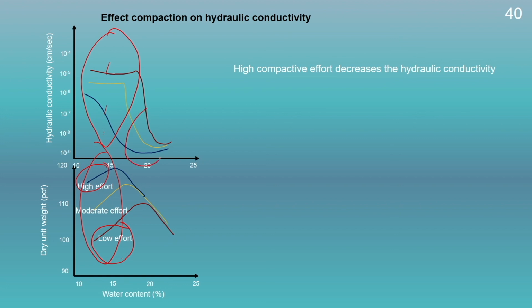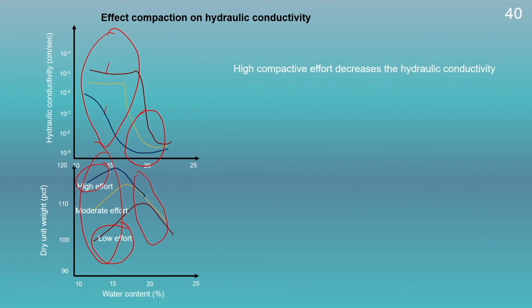On the wet side, we could see the difference in the hydraulic conductivity is quite less for all these three compaction efforts. The difference in the hydraulic conductivity on the dry side of the OMC because of the compactive effort is due to its fabric.